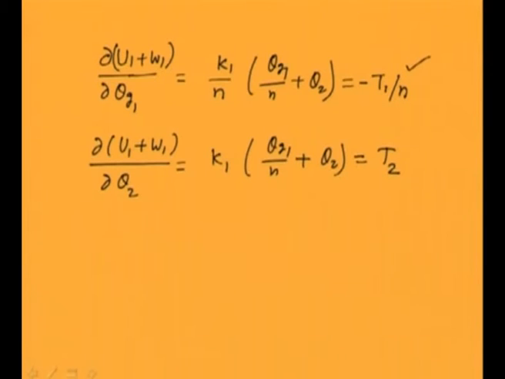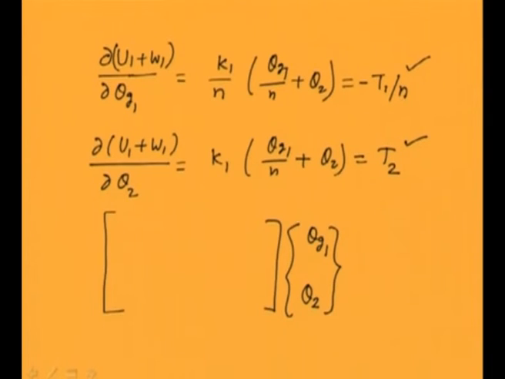Now these two equations can be combined in a matrix form like this, in which the first term is theta G1, the other is theta 2. Here you can see that we have eliminated the actual displacement of gear 2, that means theta G2 by theta G1, because they are related.